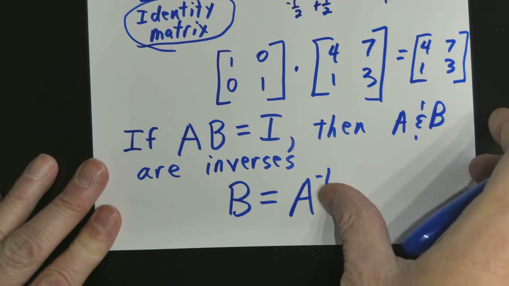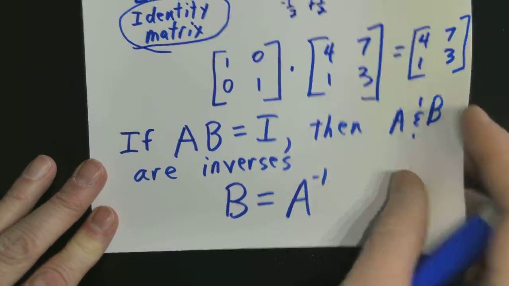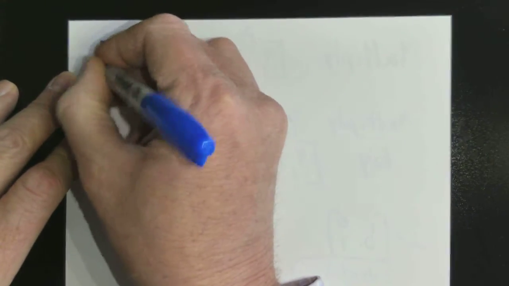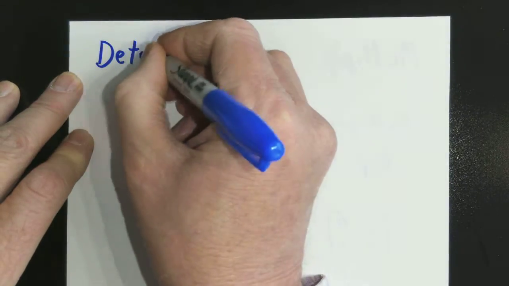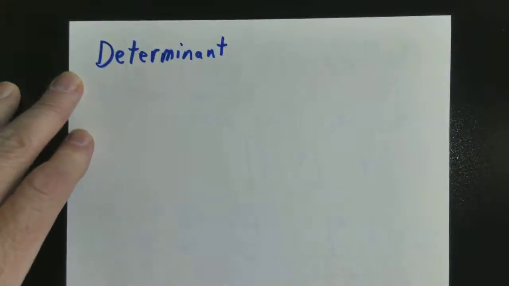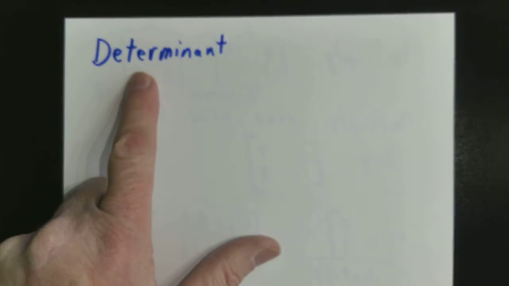Okay. Next thing I want to do with this is work on how to find an inverse matrix. Given a matrix, how do we find the inverse matrix? The first thing I need to do is tell you how to come up with a number called the determinant of a matrix.